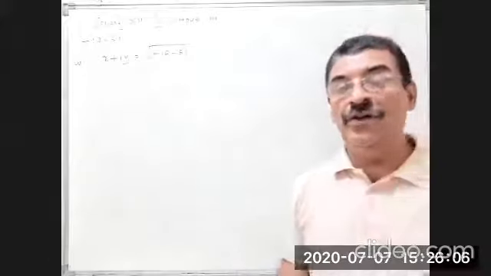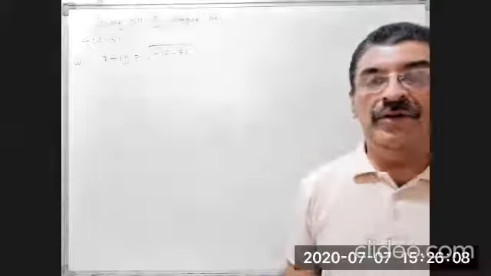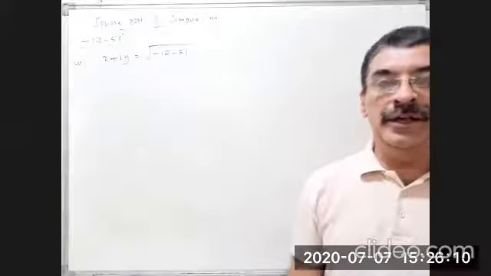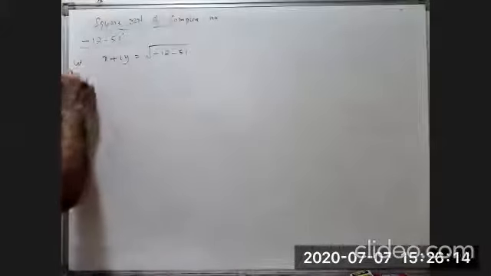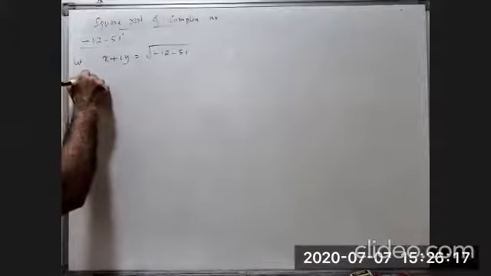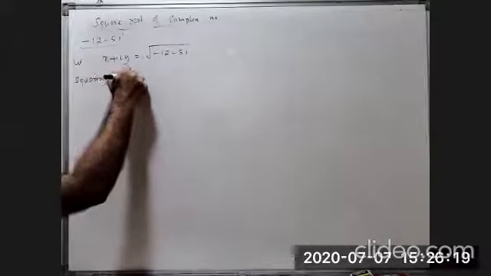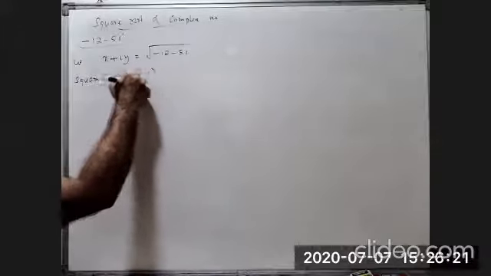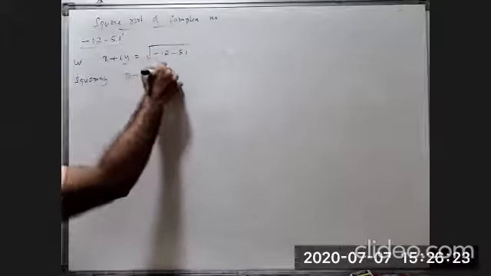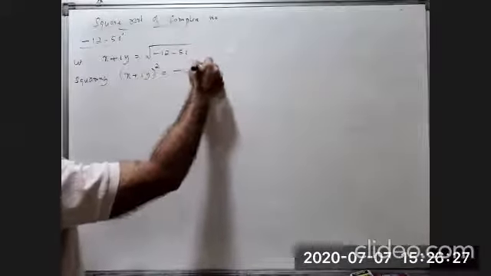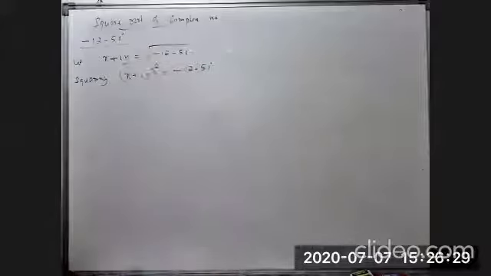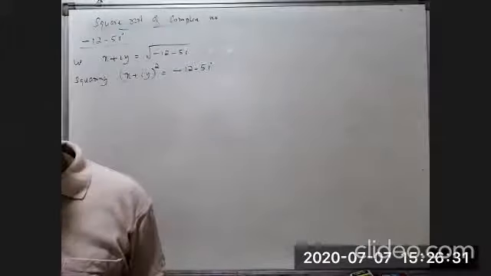Now, the first step is squaring. So squaring both sides, the left hand side becomes x plus iy the whole square. On the right hand side, the square root sign will go because we squared it.